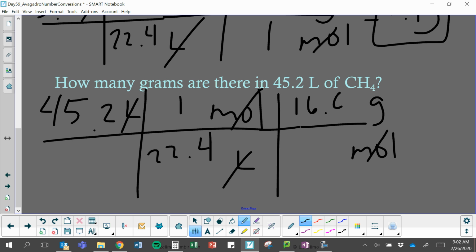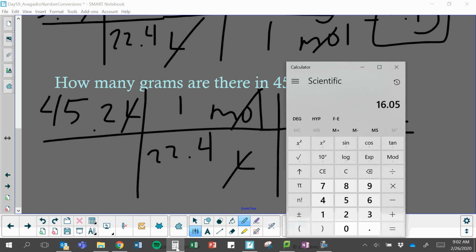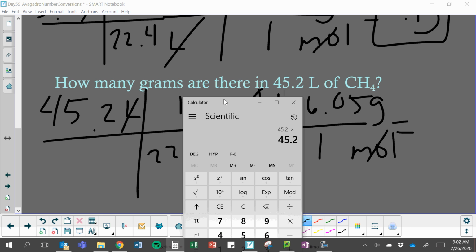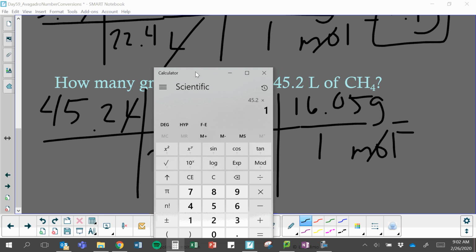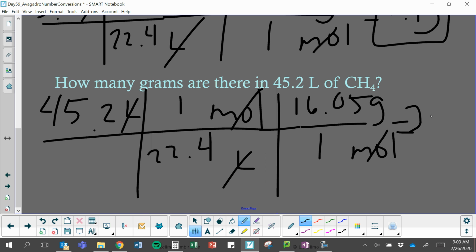So that goes with our grams per 1 mole. And then we can put this on our calculator. And we have 3 sig figs, so we'll write 32.4 grams.